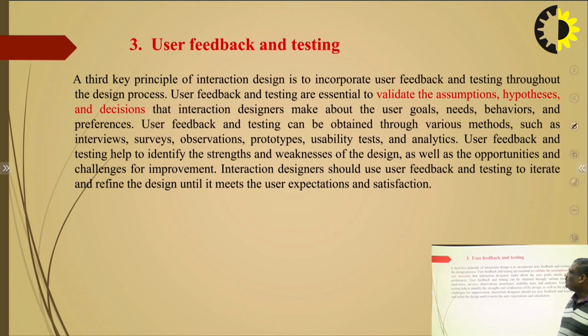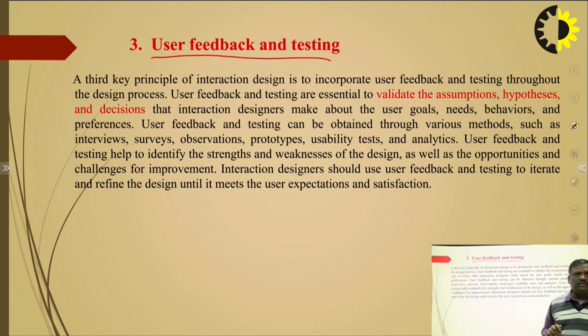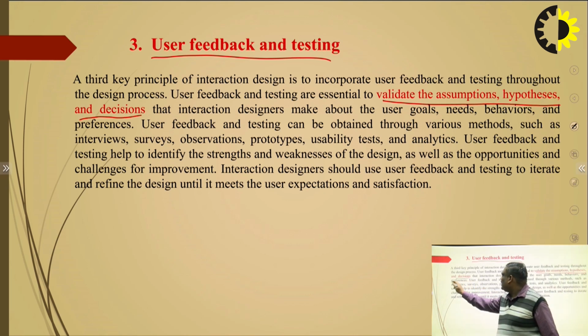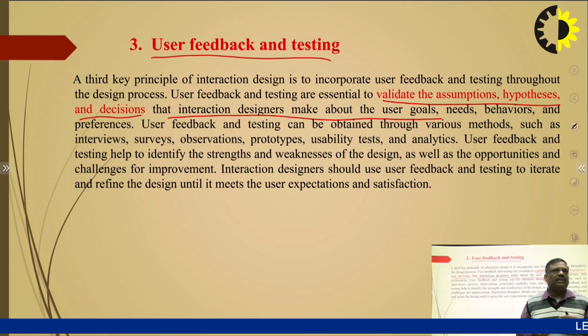The third one is user feedback and testing. Users validate the assumptions, hypotheses and decisions the designer makes about the user's goal. So when the designer meets the objective of the users, they use it and give feedback: is this correct or not?